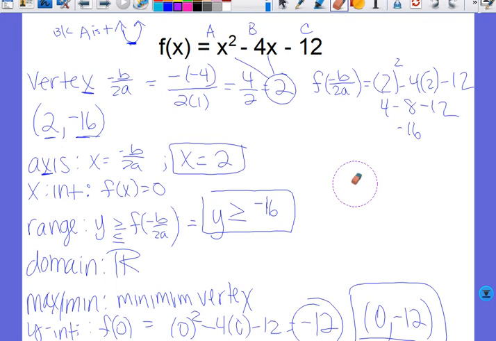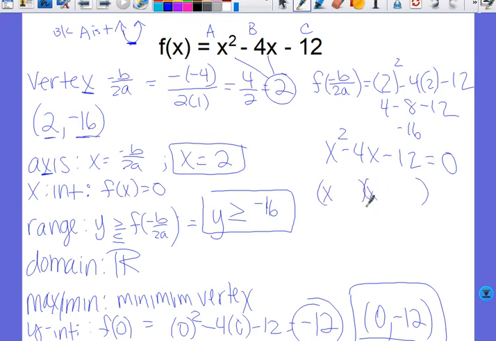All right. So in order to find my x-intercepts, I have to set my function to 0. So x squared minus 4x minus 12 equals 0. And this brings us back to factoring. My two binomials would be x times x. And then I have to factor my 12, which I'm going to go with minus 6 plus 2.